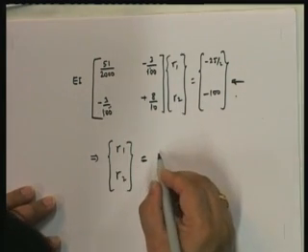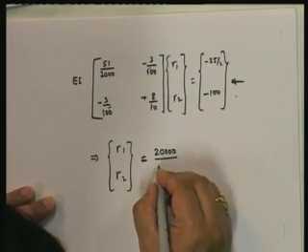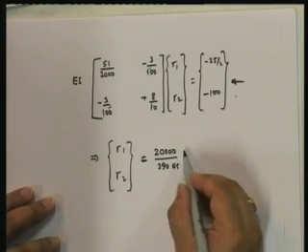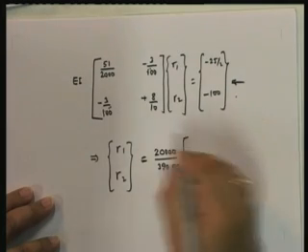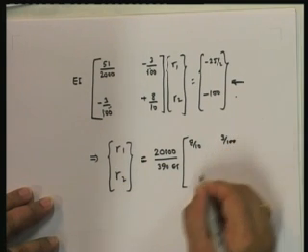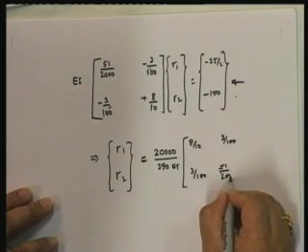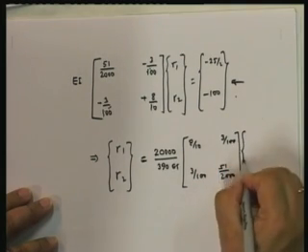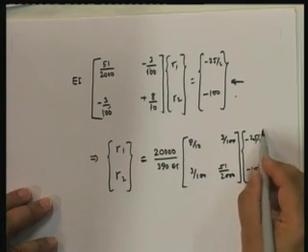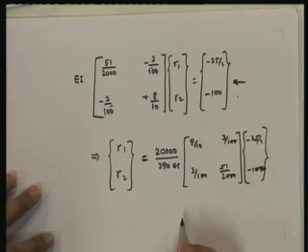So this is going to be equal to 20,000 upon 390 EI multiplied by the inverse, which is 100. Okay, so I can find out R1 and R2.